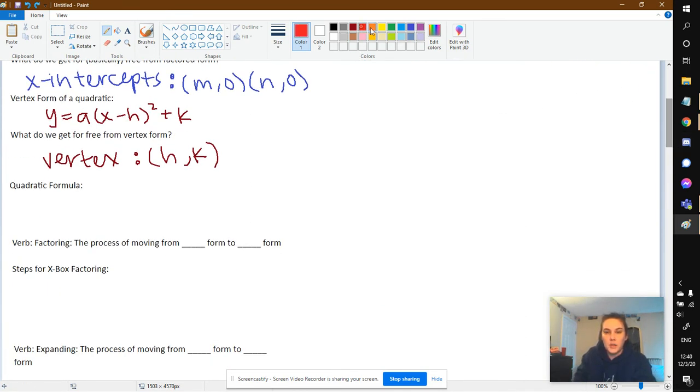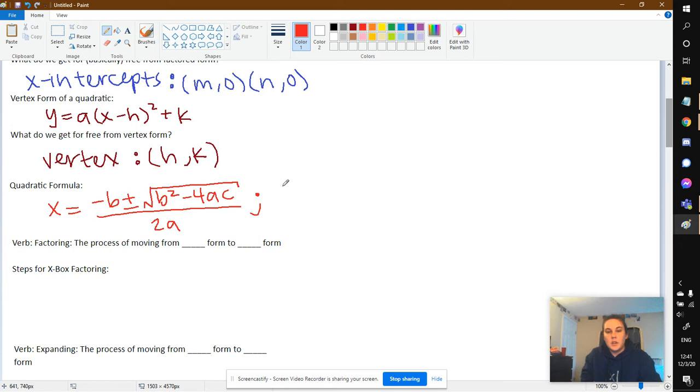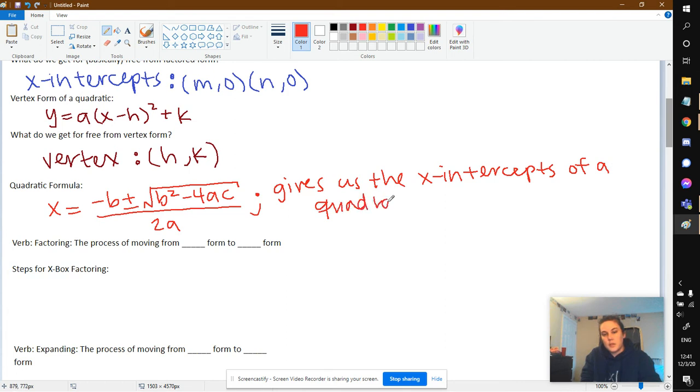Right. What is the quadratic formula? The quadratic formula in its actual presentation is negative b plus or minus the square root of b squared minus 4ac, all over 2a. And it gives us the x-intercepts of a quadratic in standard form.